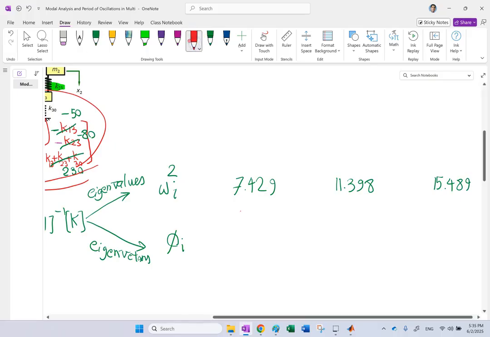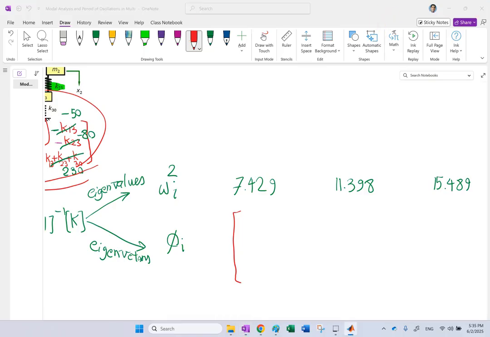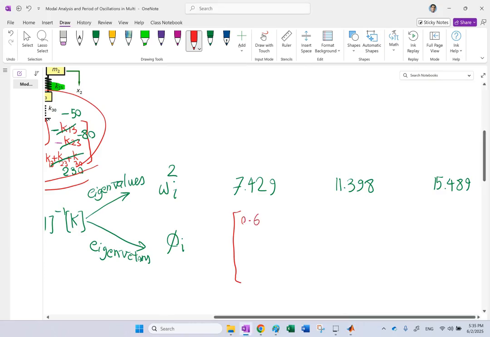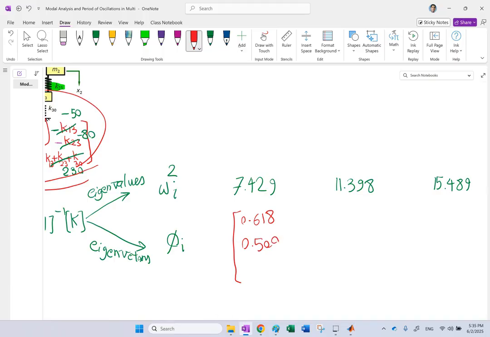Now the first mode shape is the first column vector of that phi matrix, which if I write it for you in this case, that is going to be 0.618, and then 0.509, and then 0.599.